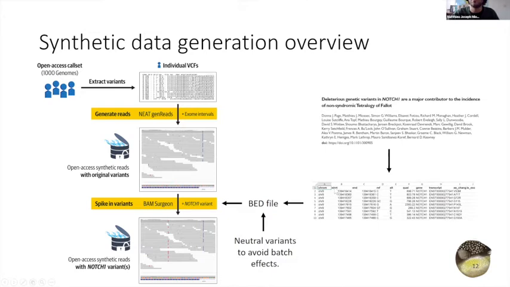In the supplemental materials, you can find a list of the Notch1 variants, not necessarily all causative of the disease, but definitely in a bigger number than we would expect for that particular gene. And so we put those in a bed file along with neutral variants to avoid batch effects, which is mentioned a little later in the book. And then that gives us synthetic data that has Notch1 variants and neutral variants added to them.